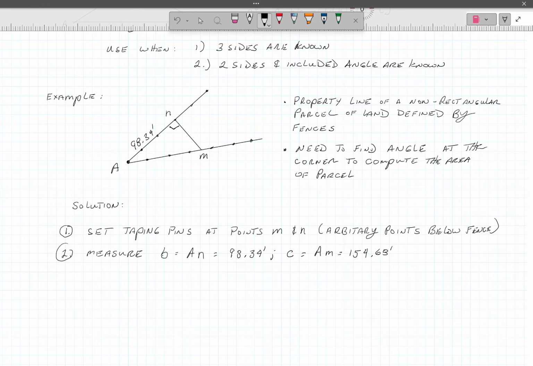And we're going to have A equal M and N, and we're going to find out that's 106.18 feet.